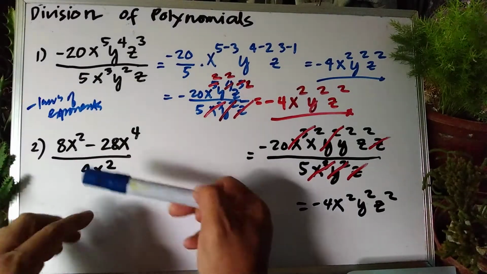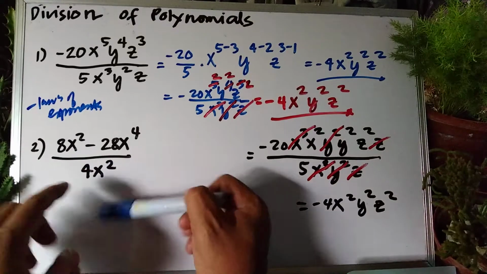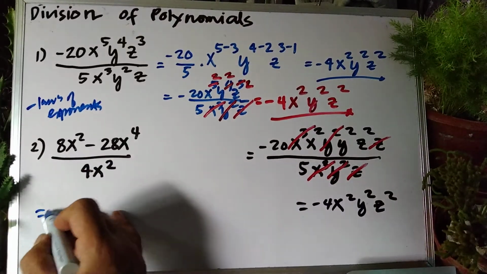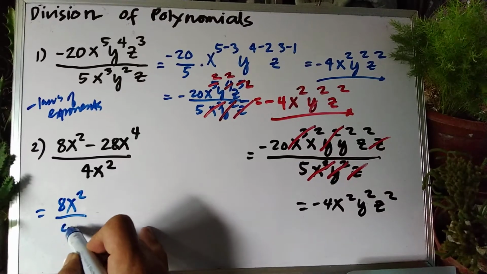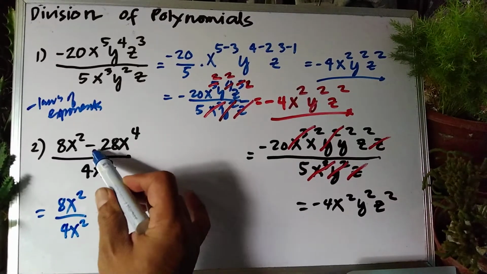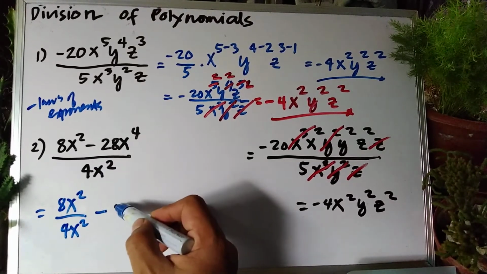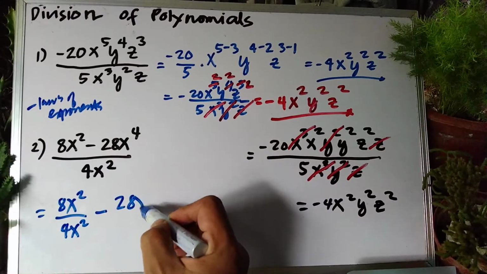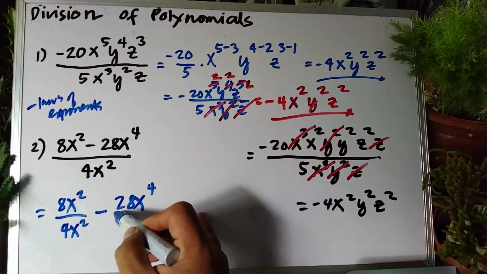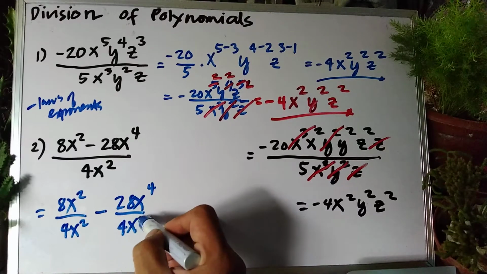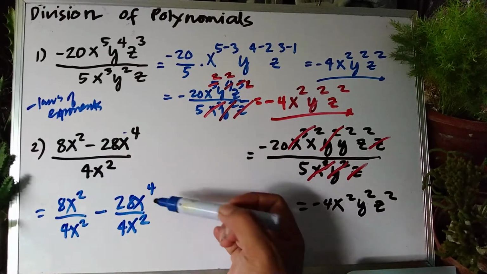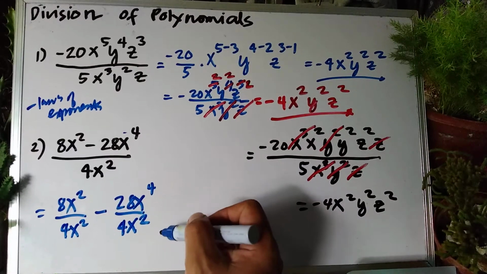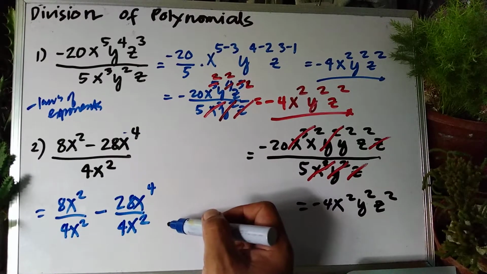Kumbaga, kaning 8x squared, i-divide na to kang 4x squared. Kaning 28x to the 4th, i-divide na to kang 4x squared. So, what will happen? This becomes 8x squared over 4x squared, you copy minus 28x to the 4th all over 4x squared. Yan ang gagawin natin. I-divide natin each term by the monomial.